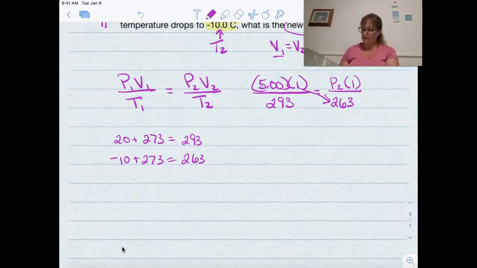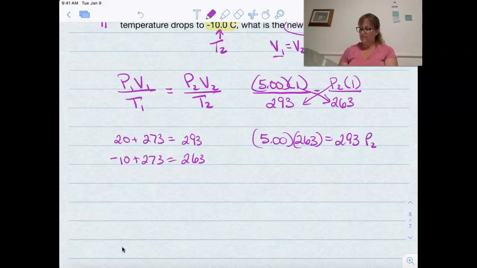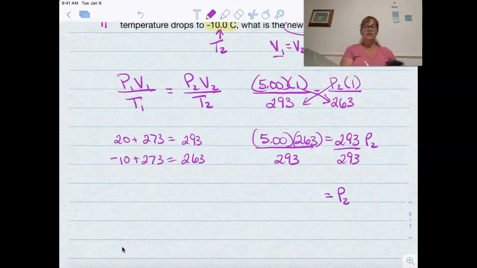We cross multiply and we get 5 times 263 equals 293 times P2. We can divide by 293 and we find out that our second pressure then is going to be 5 times 263 divided by 293, 4.49 atmospheres.